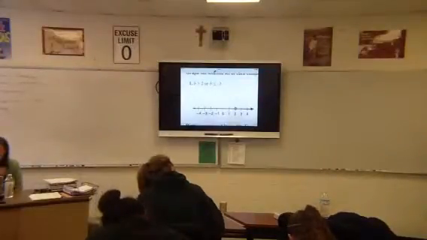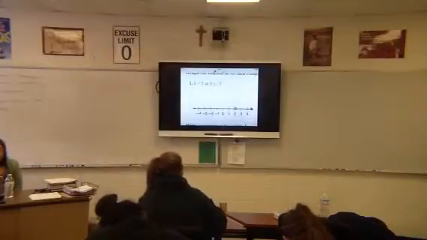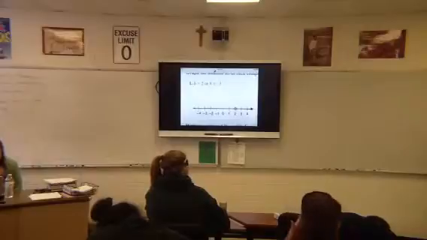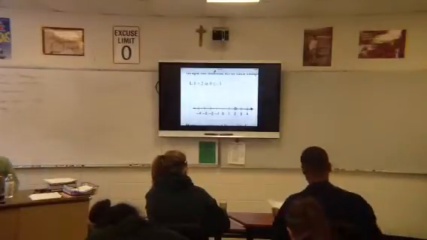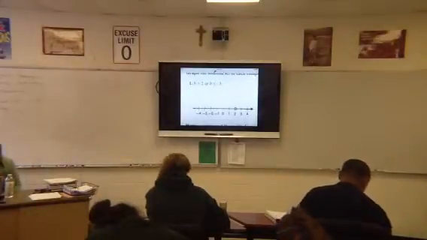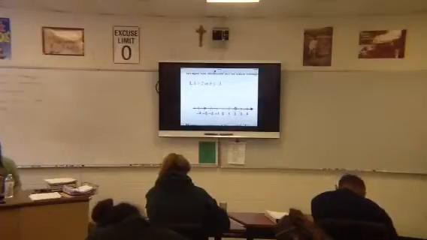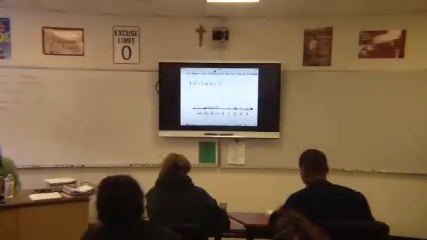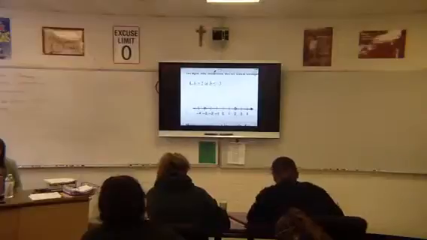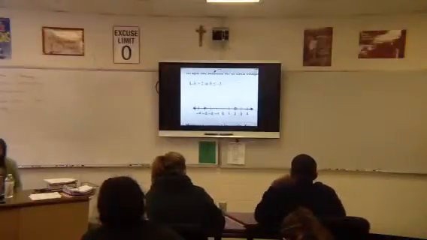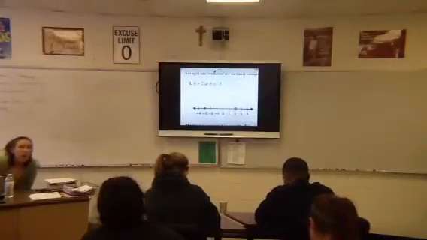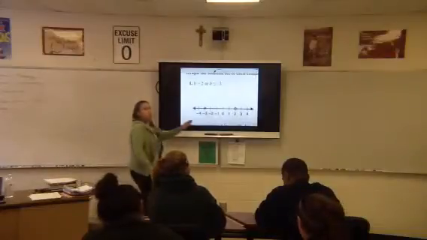You said closed on -3, and you're saying it goes this way? No, left. Oh, left, sorry. Good, very good. Now you're just looking at what has blue on it.